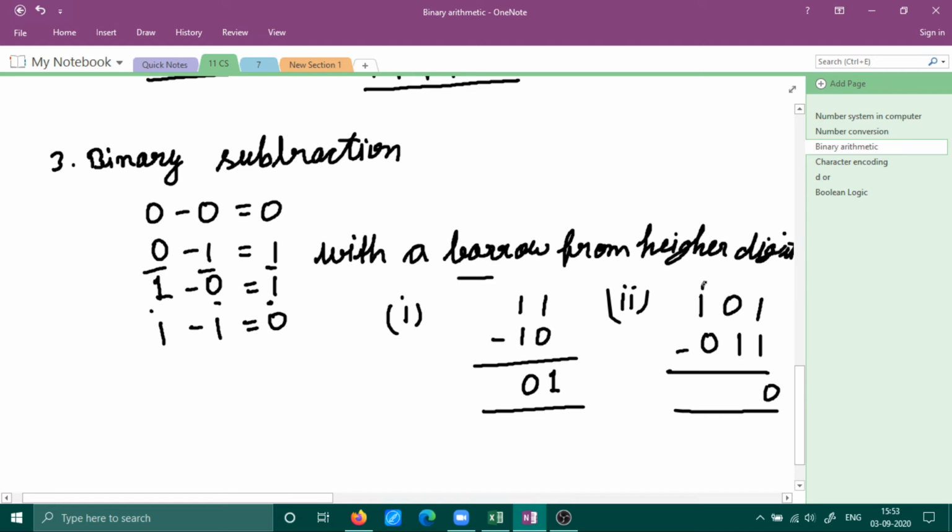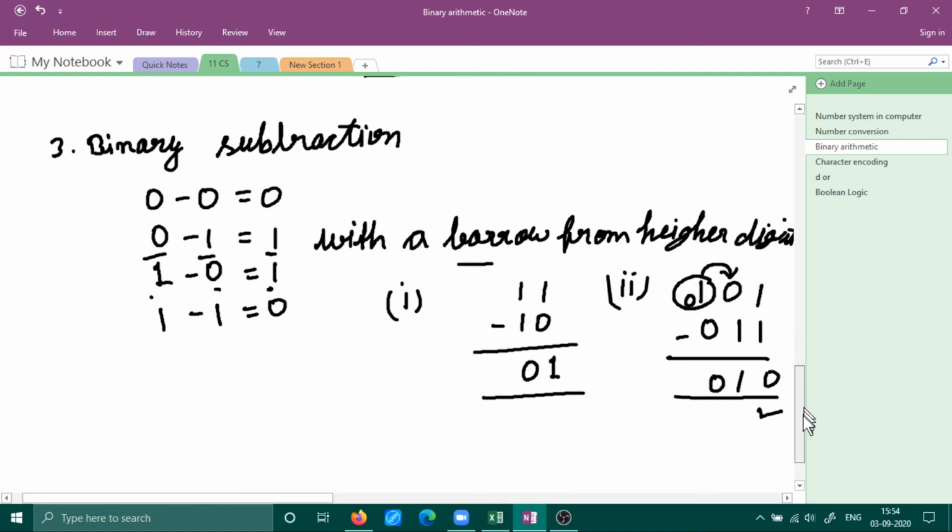So this borrow will come from here, and after borrowing 1 from here, this will become 0, and then this 0 minus 1 will become 1. So here we write 1, and since this digit has now become 0, 0 minus 0 becomes 0. So this is the result here.